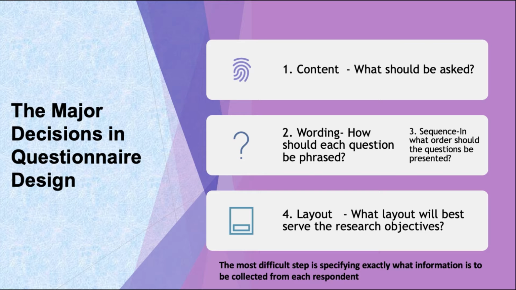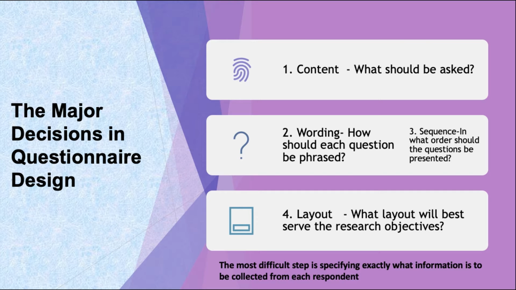That is very important. You should always keep in mind that you start with very important questions, and you put the most important questions in the first half of the questionnaire, followed by less important questions. And the last one, the layout: what layout will be best to serve the research objective?